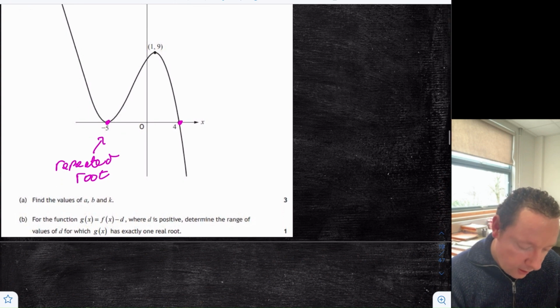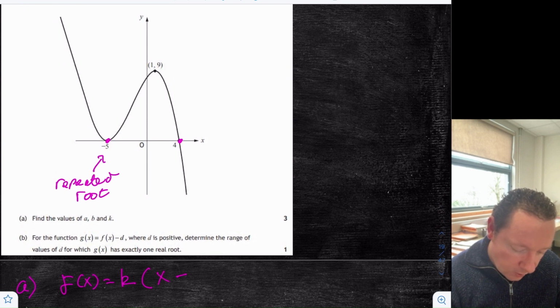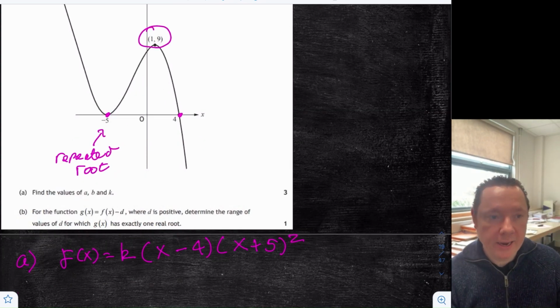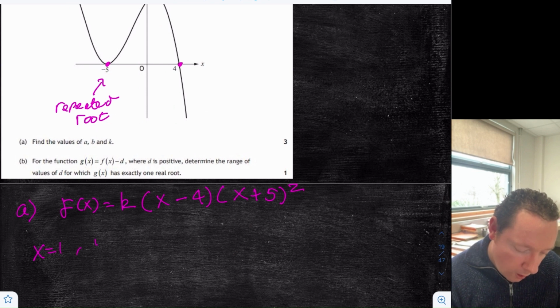So I can immediately say for part A, f of x equals k times (x minus 4)(x plus 5) squared. And then we can use the point (1, 9) to work out our k. x equals 1, y equals 9, so we get 9 equals k times (1 minus 4)(1 plus 5) all squared.